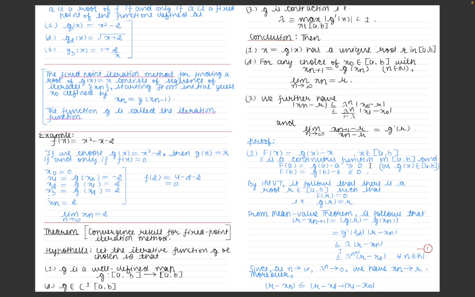So basically it means that f is a continuous function, and because at one point it is greater than or equal to 0, and at another point it is less than or equal to 0, by intermediate value theorem, which we call IMVT, it follows that there is a root r between a and b such that f of r is 0, which means g of r is r.